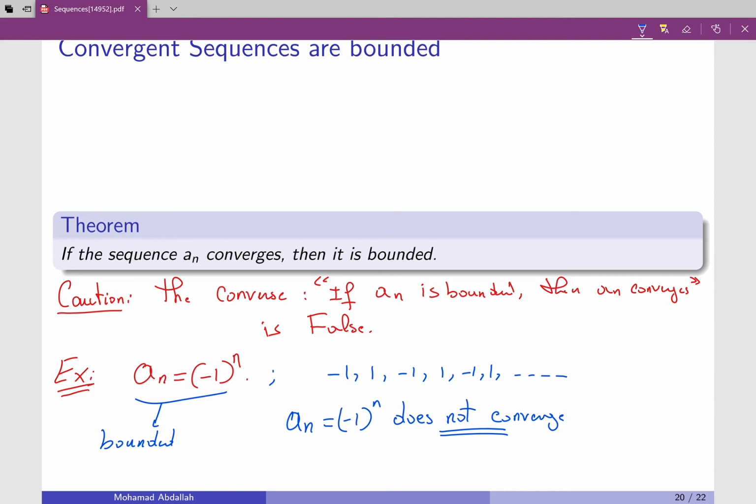As much as n is going to be big, that's always the case. It's going to be minus 1, then 1, minus 1, then 1. So it does not approach a single value. For that reason, an equal negative 1 to the power n does not converge. This is a very important example, and so you have to be very careful about this.